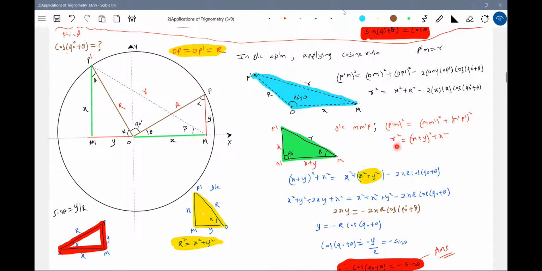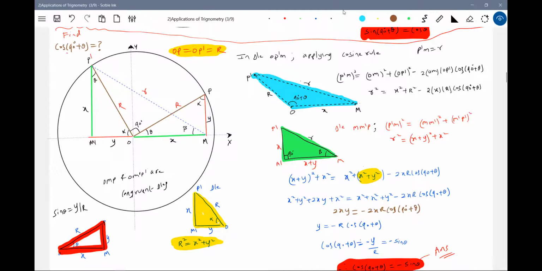What is P dash M? R square. M dash, X plus Y, the total distance from M to M dash, because these two are again congruent. Triangle OMP and OM dash P dash are congruent, the same as earlier.